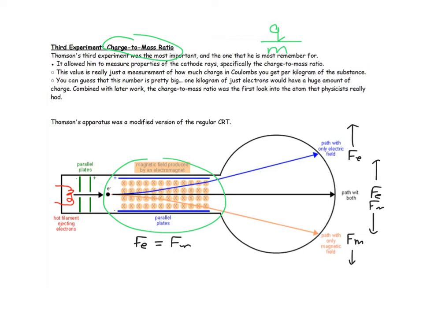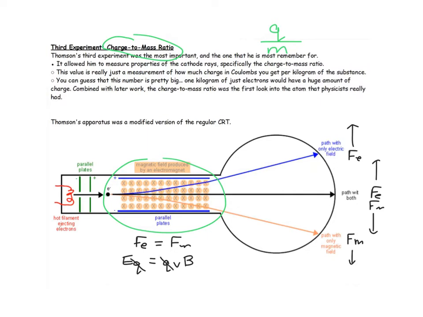Now this allows us to derive what's called the velocity selector formula. So my electric force can be calculated with EQ, and my magnetic force can be calculated with QVB.